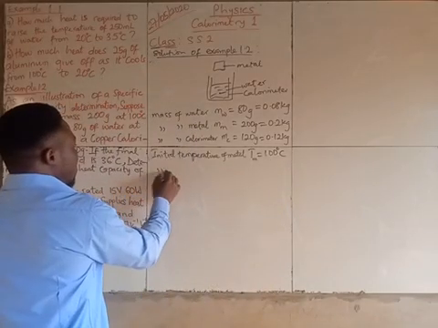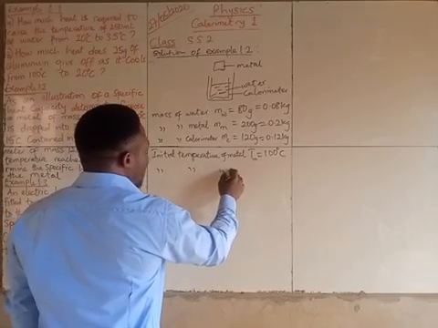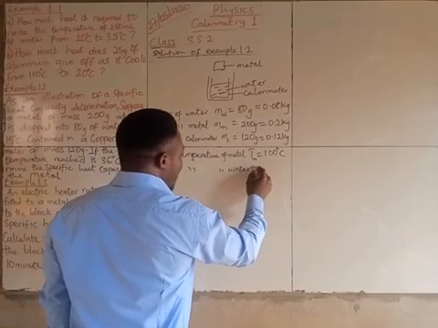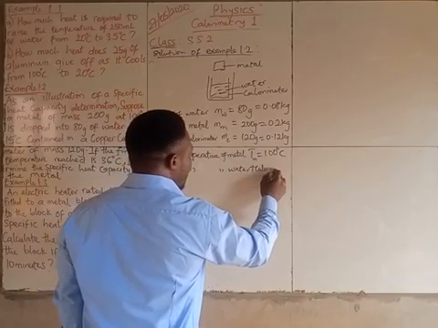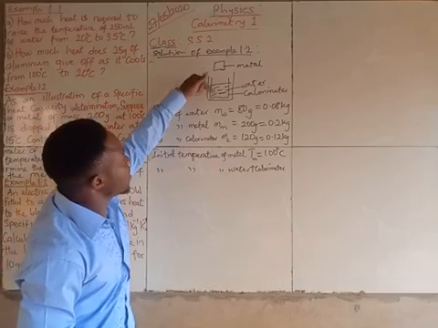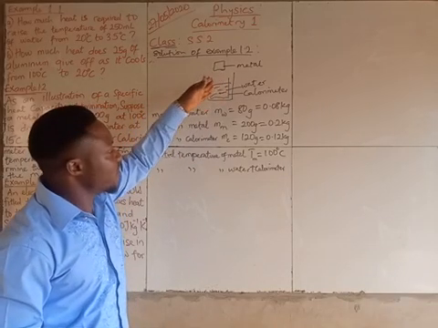And the initial temperature of both water and the calorimeter, the two of them together: since the water was initially inside the calorimeter, it means that they maintain the same temperature.